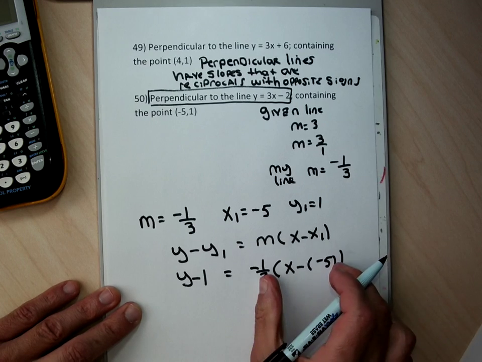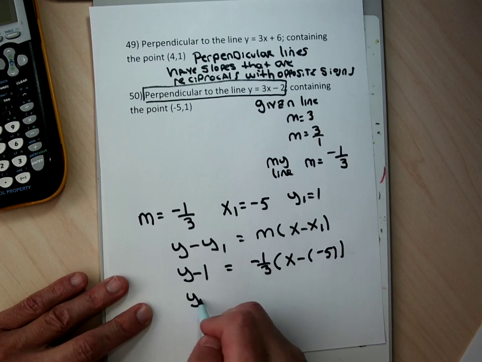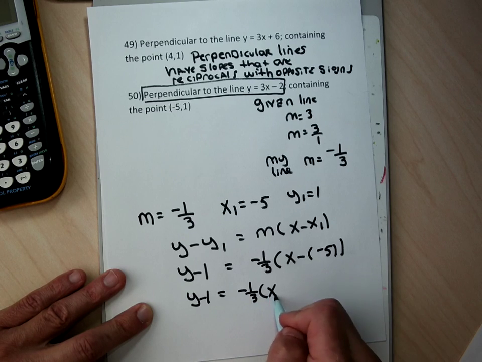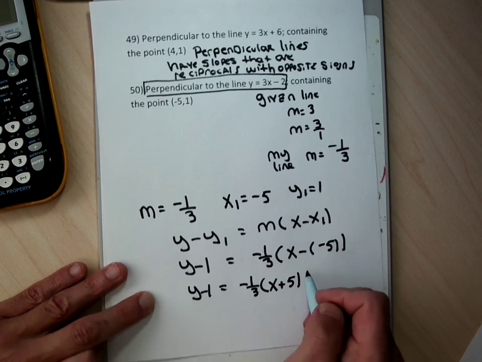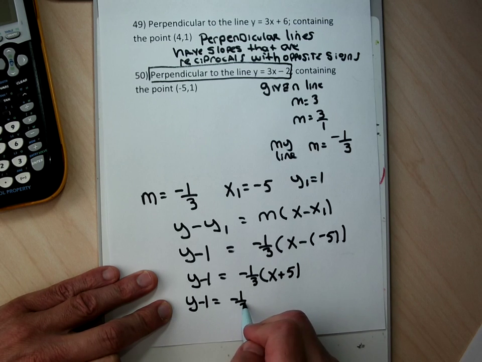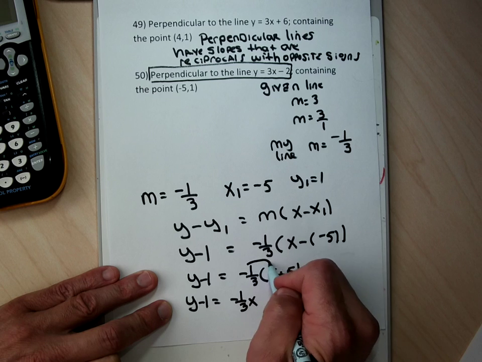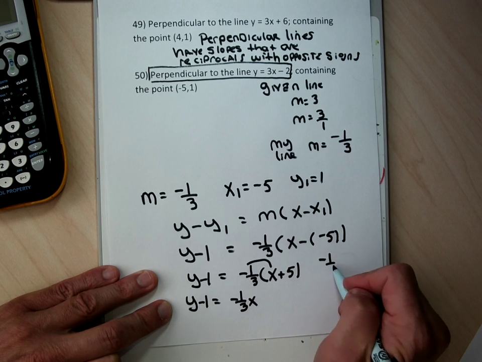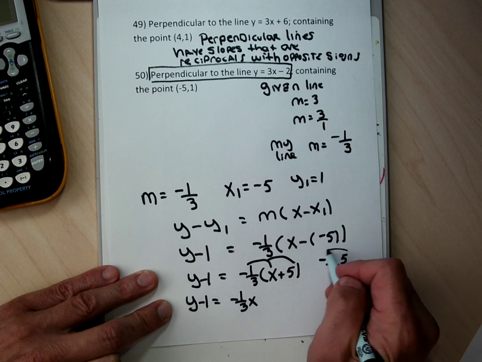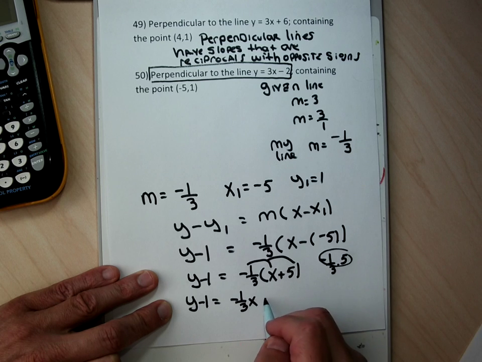This double negative goes positive, so I'm going to get y minus 1 equals negative 1/3 times x plus 5. That's going to give me y minus 1 equals negative 1/3 x when I multiply the negative 1/3 times x. When I multiply the negative 1/3 times 5, I'm just going to multiply the negative 1 and the 5 and get minus 5/3.